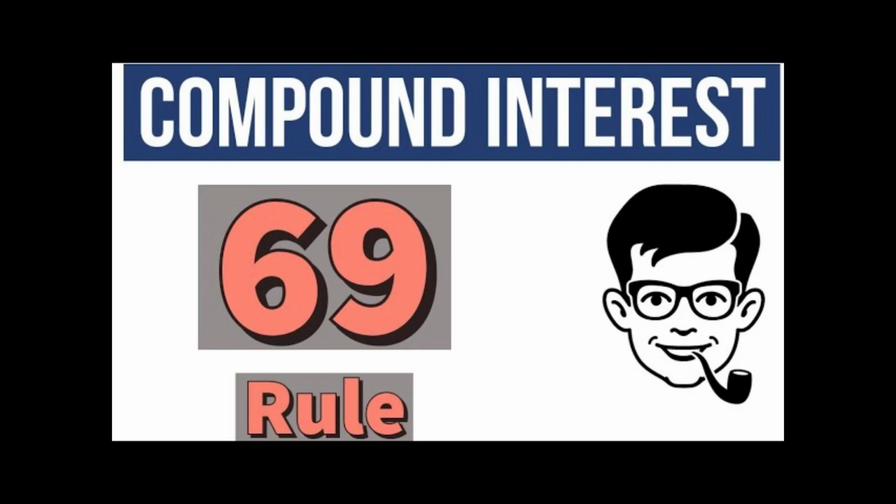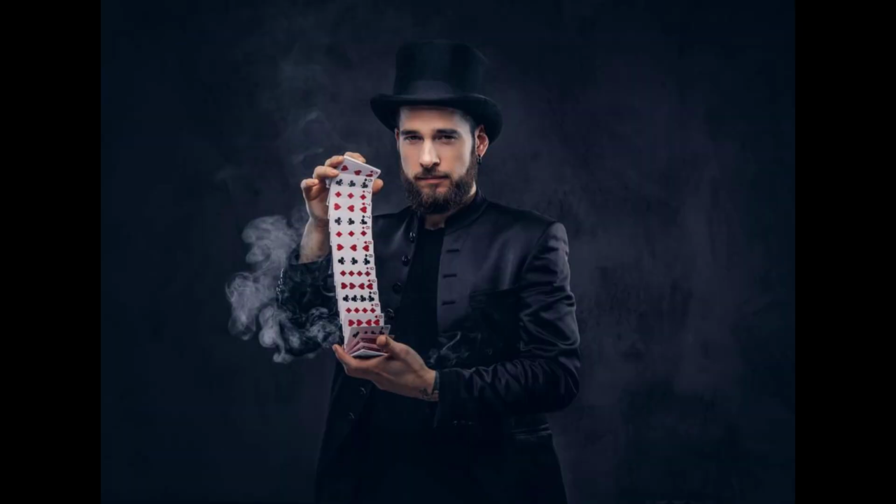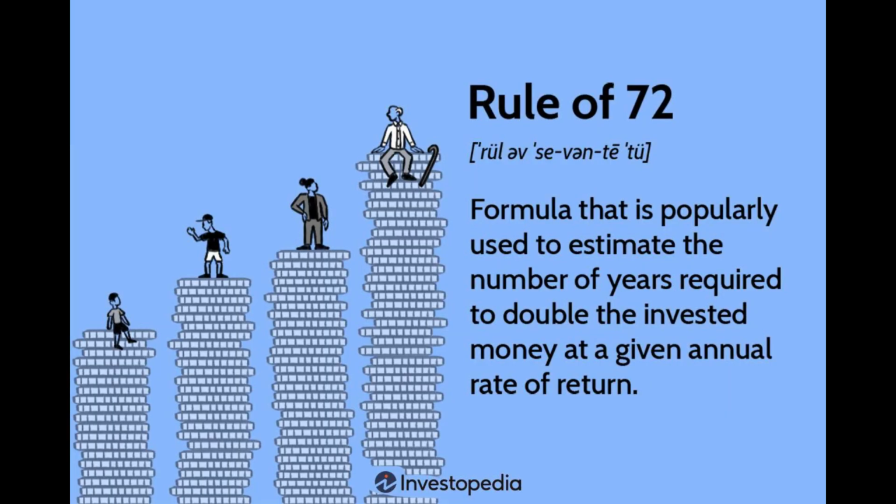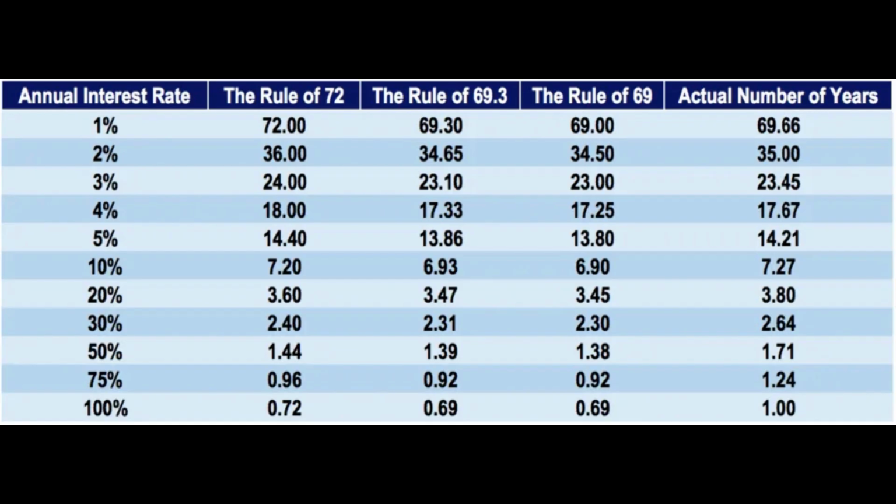The Rule of 69, a simple way to track your financial progress. Now, here's a neat little trick called the Rule of 69. Ever wondered how long it takes for your investment to double? Most financial professionals talk about the Rule of 72 when figuring out your investment's doubling time. However, this rule only considers simple compounding interest and is less accurate when using higher rates of return or interest rates.